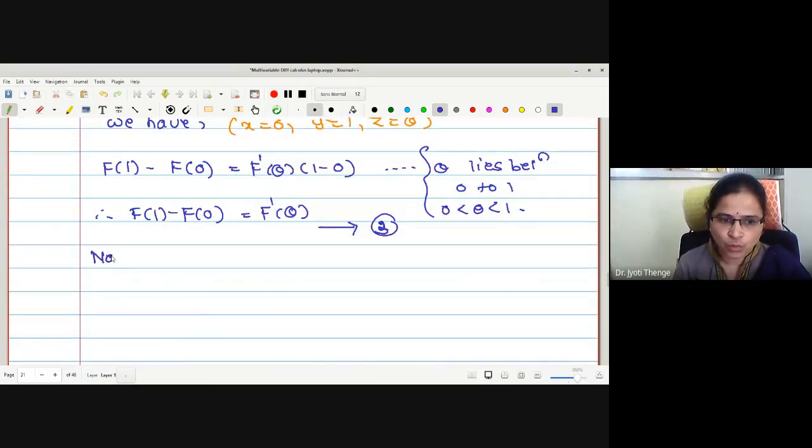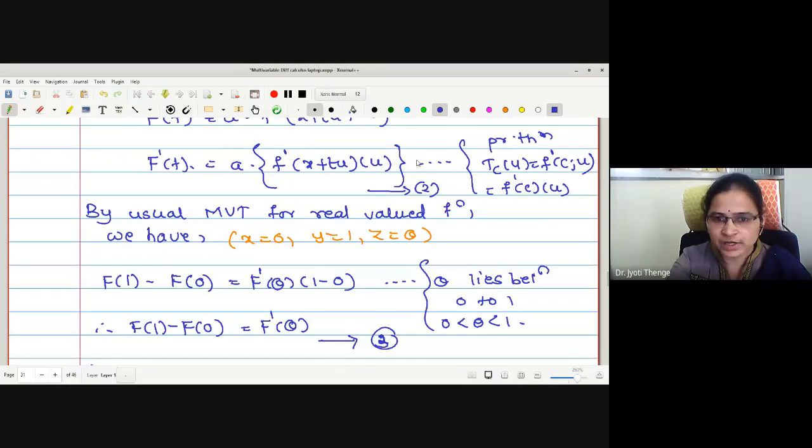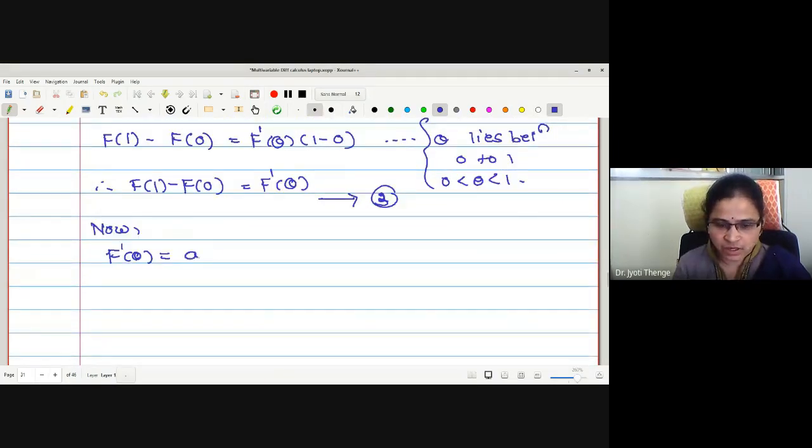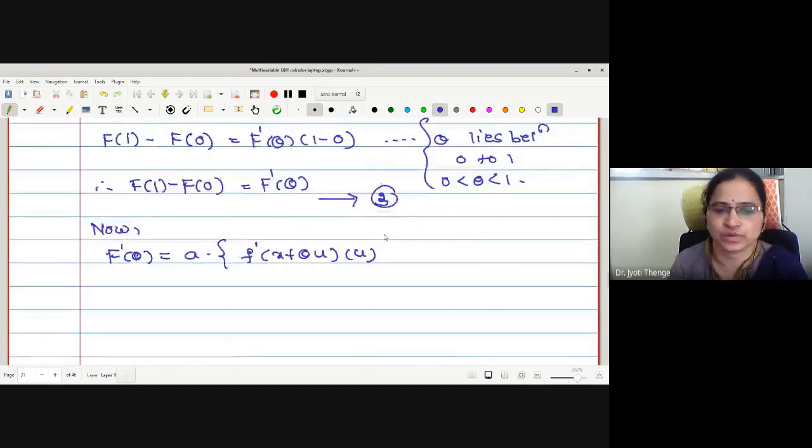Now, what is f dash of theta? This is 2. Let us put t is equal to theta: a dot f dash of x plus theta u, into u. This u is y minus x.